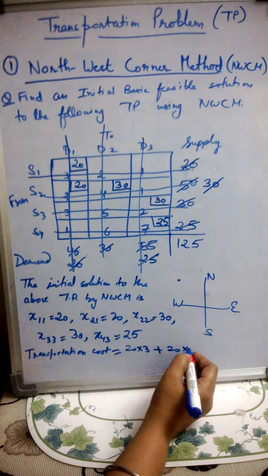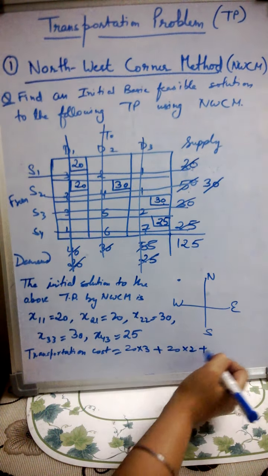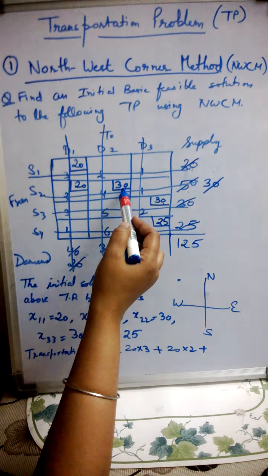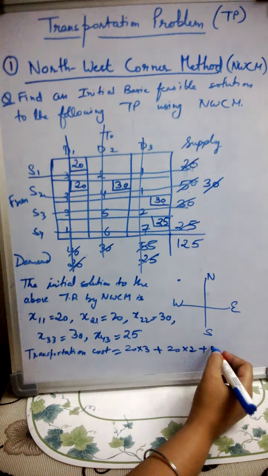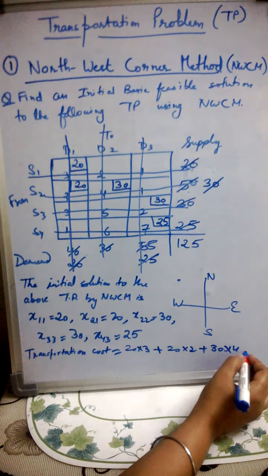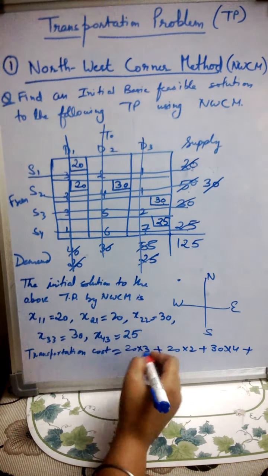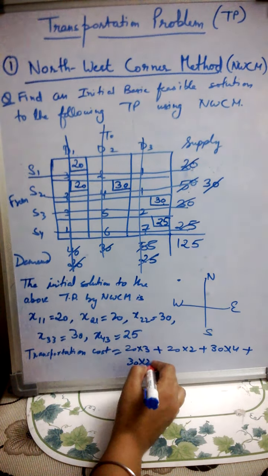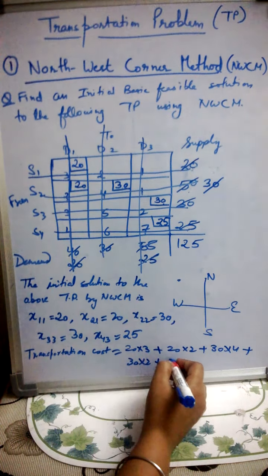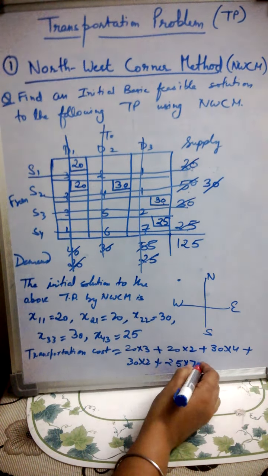So 20 into 2 is the cost of transporting 20 units. Similarly, next will be 30 into 4, plus 30 into 2, plus 25 into 7.